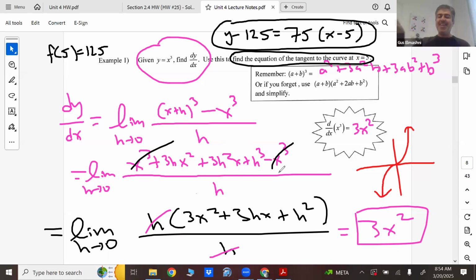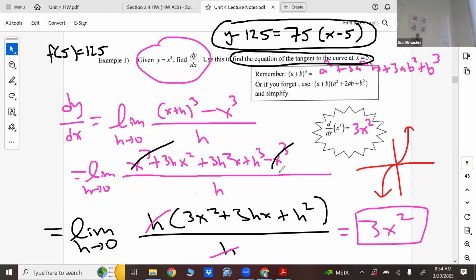The point I'm trying to make is that if I draw a tangent line, is my tangent line slope ever negative on this curve? No, it's always positive. In fact, if x gets larger, does my slope get more steep or less steep? More steep.